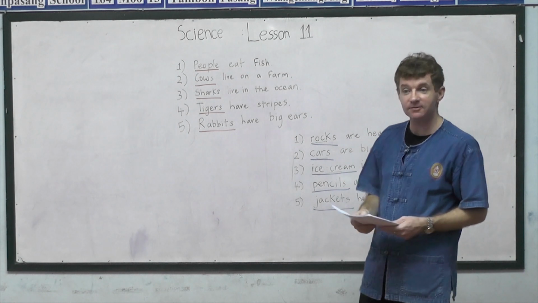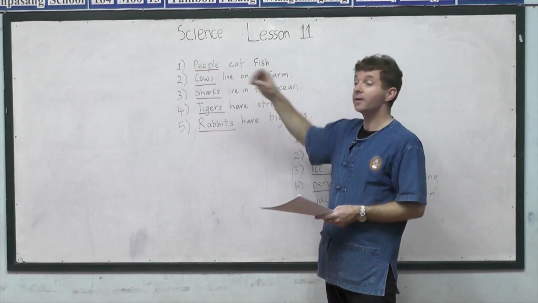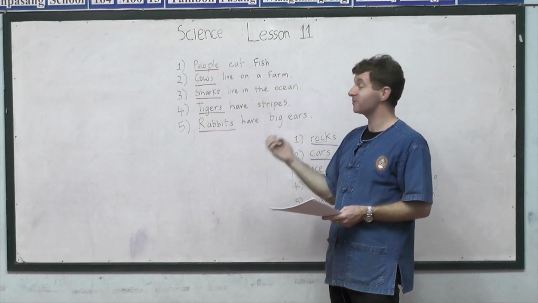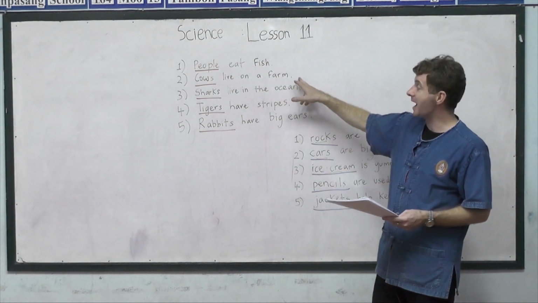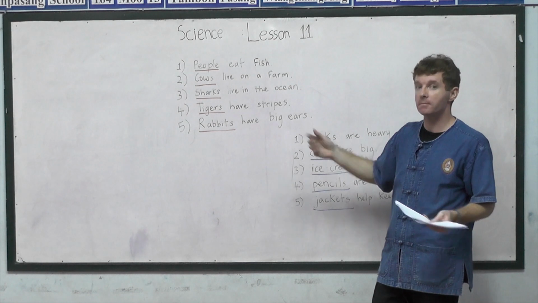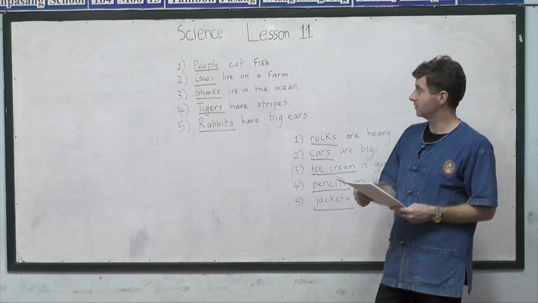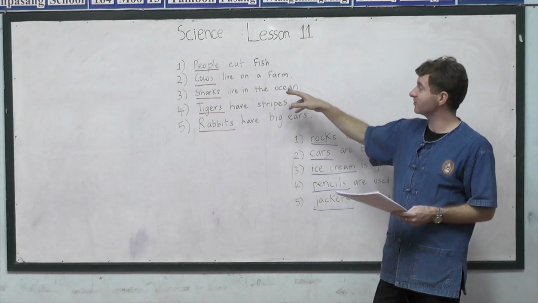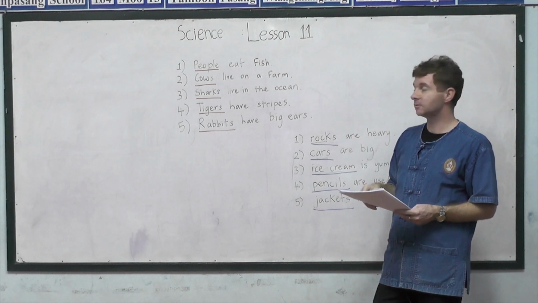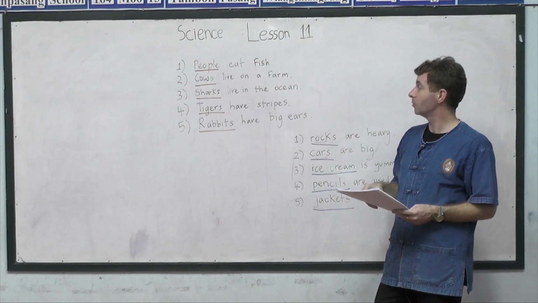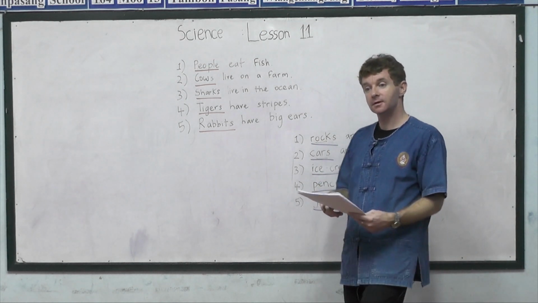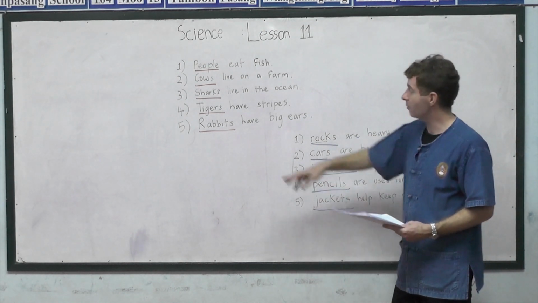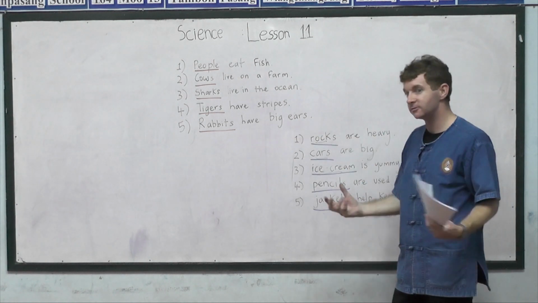So you ready, guys? Number 1, people eat fish. Cows live on a farm. Sharks live in the ocean. Tigers have stripes. Rabbits have big ears.